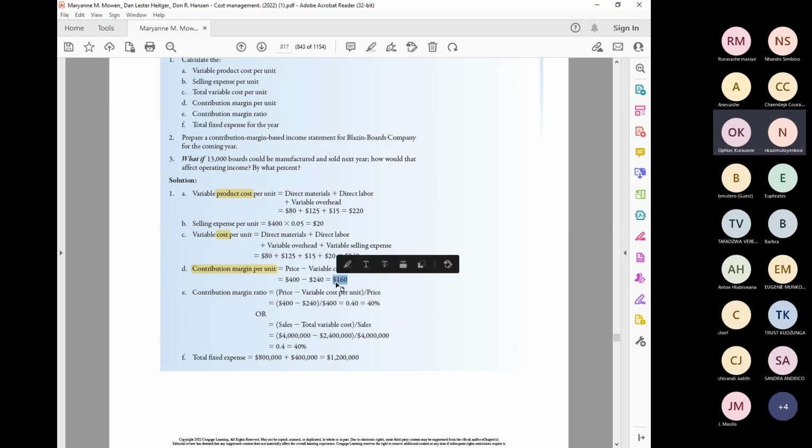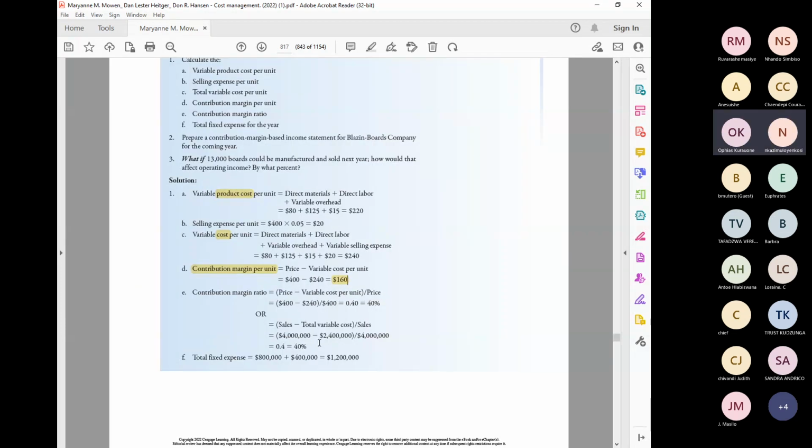That's the contribution. So you should understand that the contribution margin per unit will also include variable selling expense. Make sure you are able to identify whether it's a variable selling expense or not.